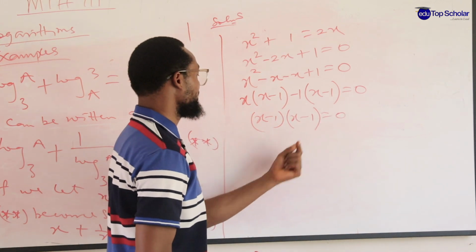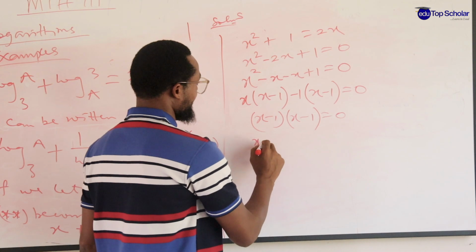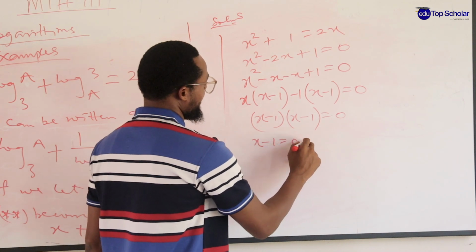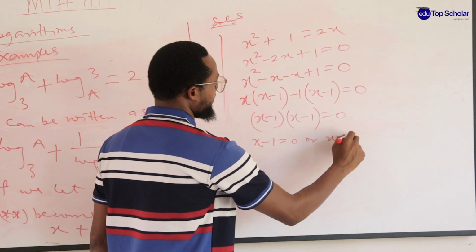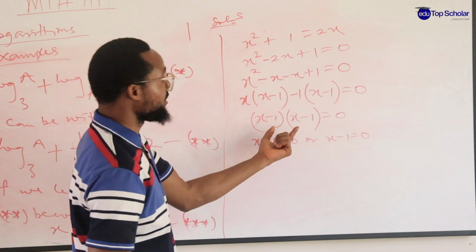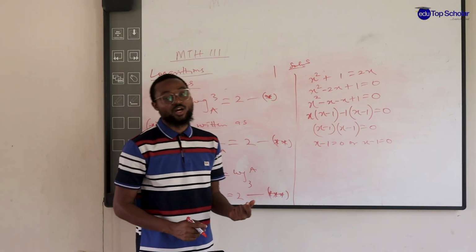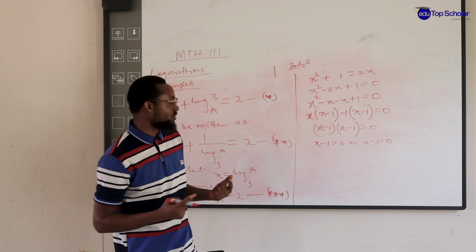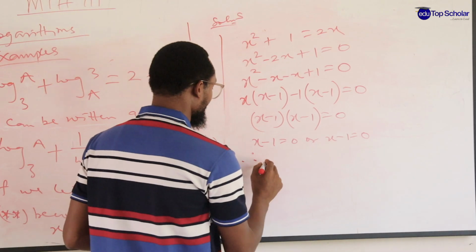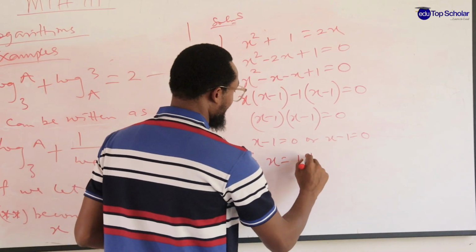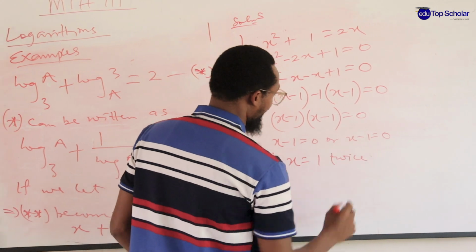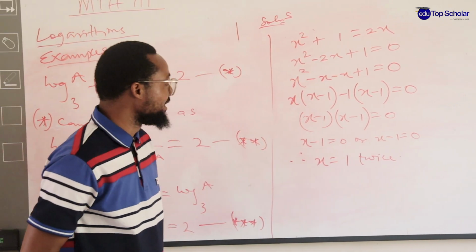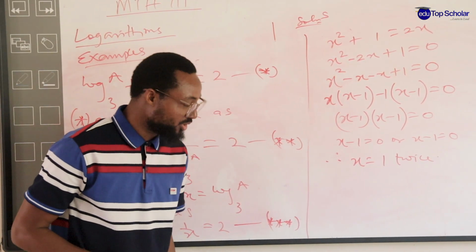So x minus 1 equals to 0 or x minus 1 equals to 0. Because when you have two things multiplying each other and we have 0, it implies that either of the two is equals to 0. Therefore, our x is equals to 1 twice. In quadratic equation, we call this repeated roots.